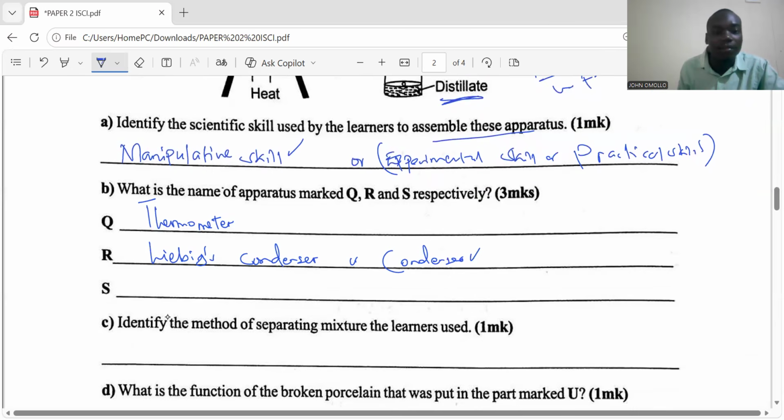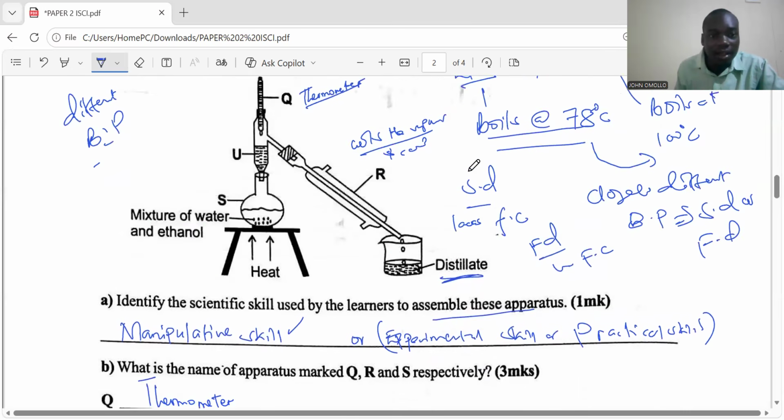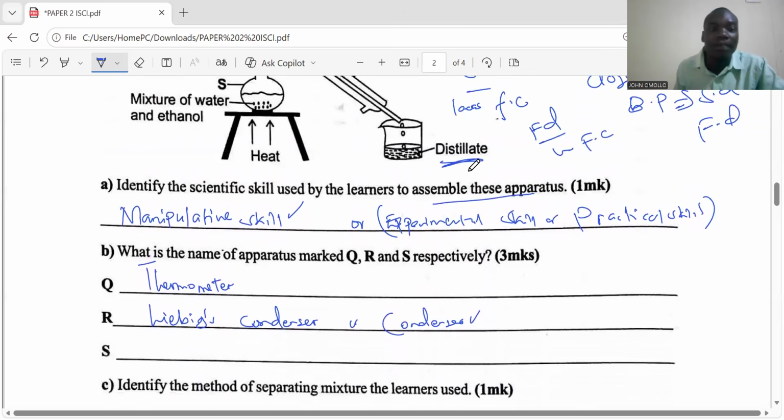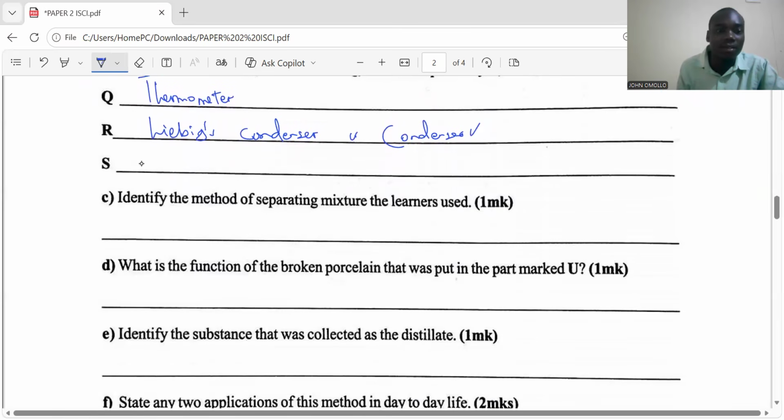Are you getting that? So what is S? S in this case is a round bottom flask, or distillation flask. So we can call it round bottom flask or distillation flask.